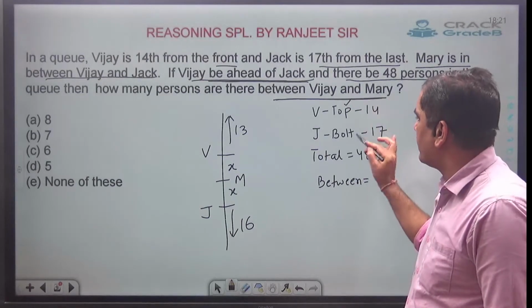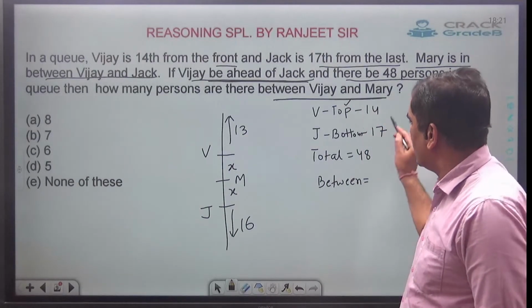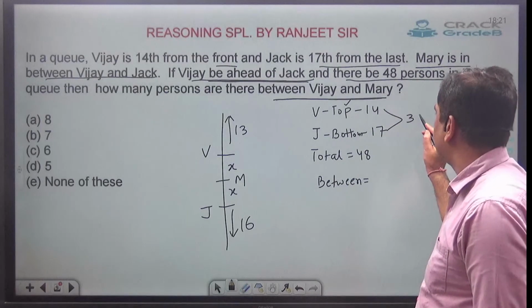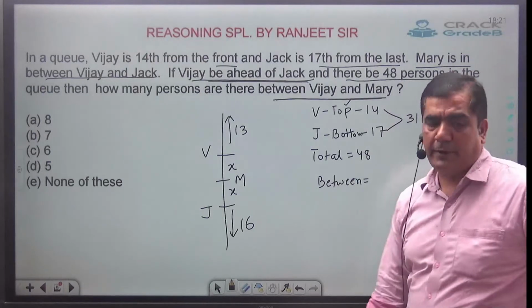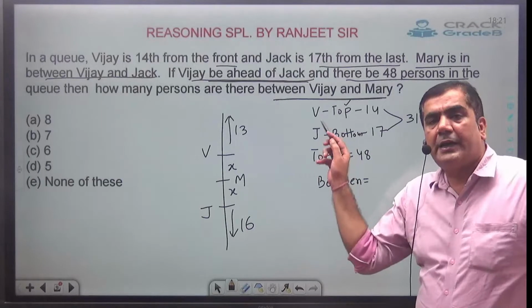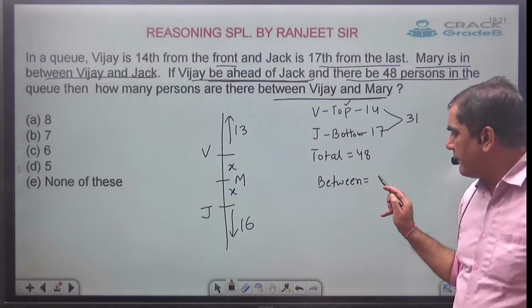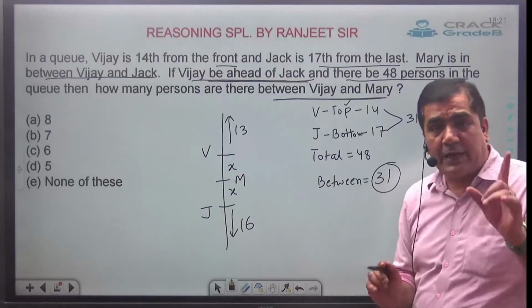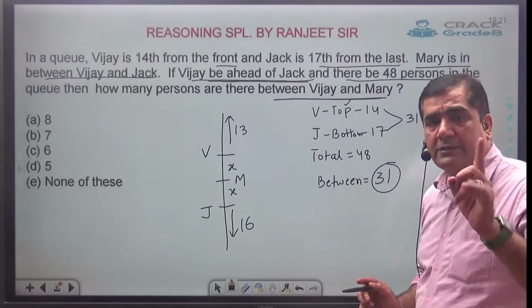One is given from top, one is given from bottom, so simply add these two numbers, which comes out to be 31. It means there are 31 persons between Vijay and Jack. 31 is an odd number, which means the answer is possible.